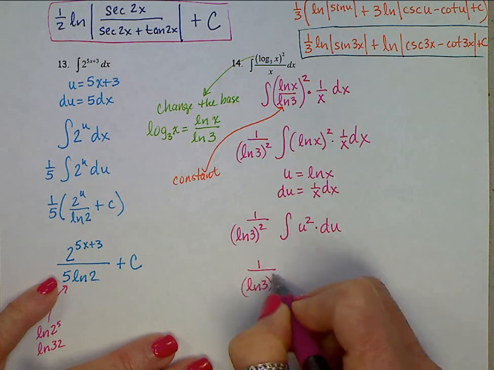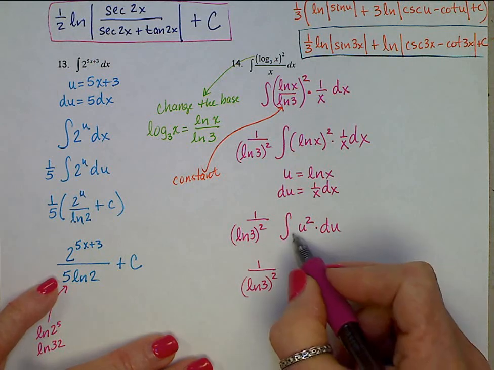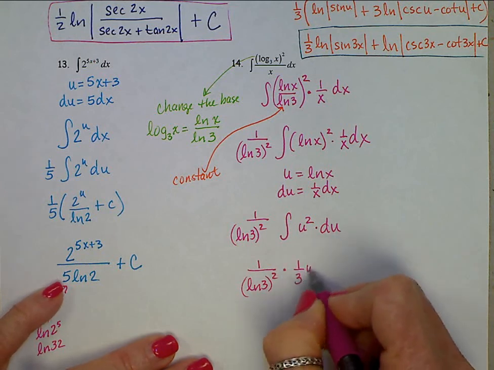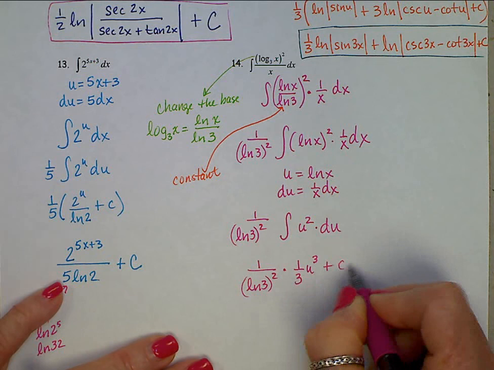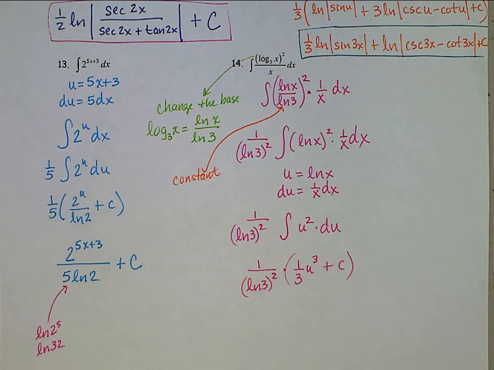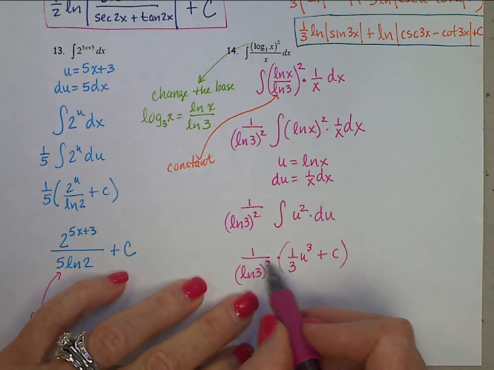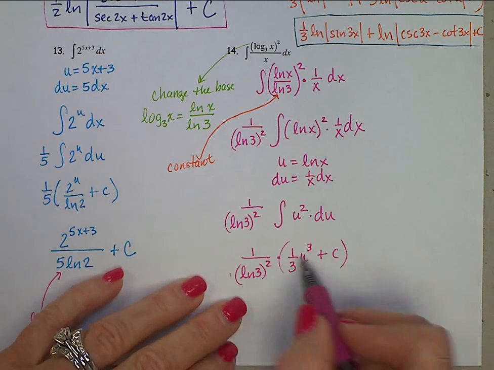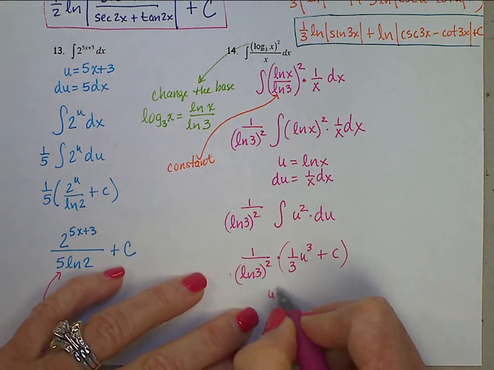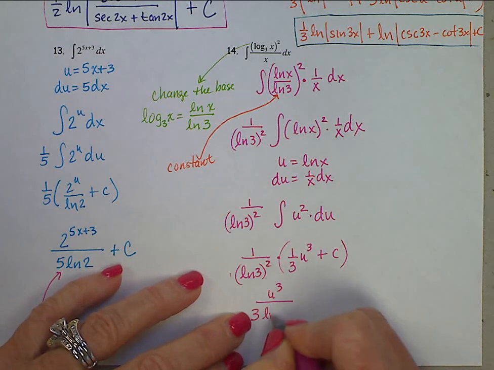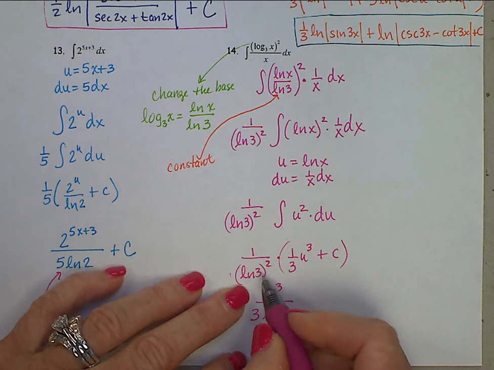This constant comes down. The antiderivative of u squared is 1/3 u cubed plus a c, which is going to be, if I distribute this through, u cubed over 3 ln, okay, now you can kind of think about like trig.